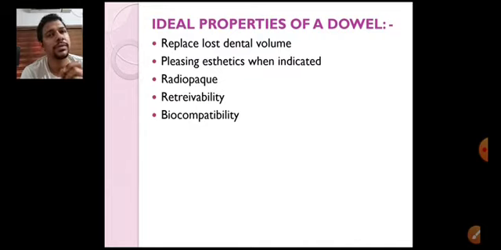So if you are in a doubtful situation, always go for a fiber reinforced post. So that is about retrievability. Now, biocompatibility is one of the main criteria for any material which we use in our mouth. So that is understandable.